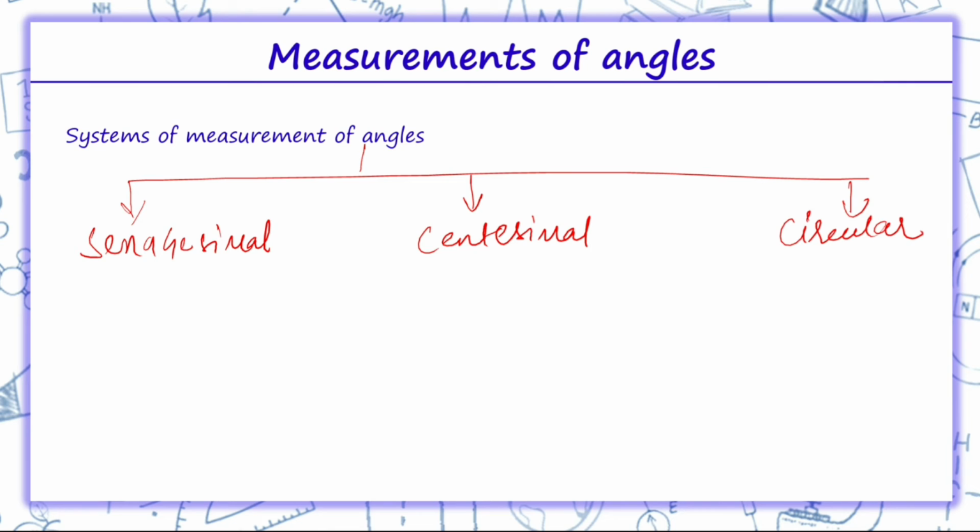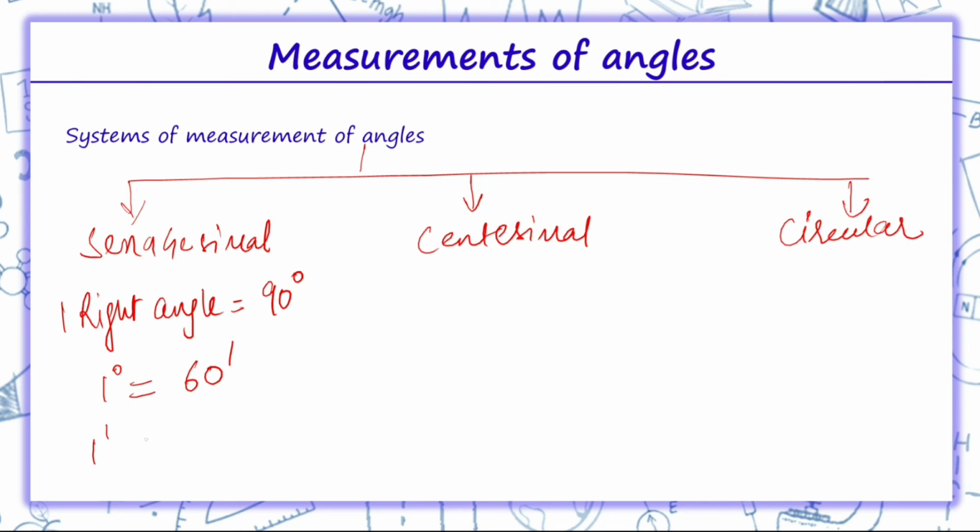In the sexagesimal system of measurement, a right angle is divided into 90 equal parts and each part is known as a degree. That is, we say one right angle is 90 degrees. Then each degree is divided into 60 equal parts, called minutes, that is 60 minutes.